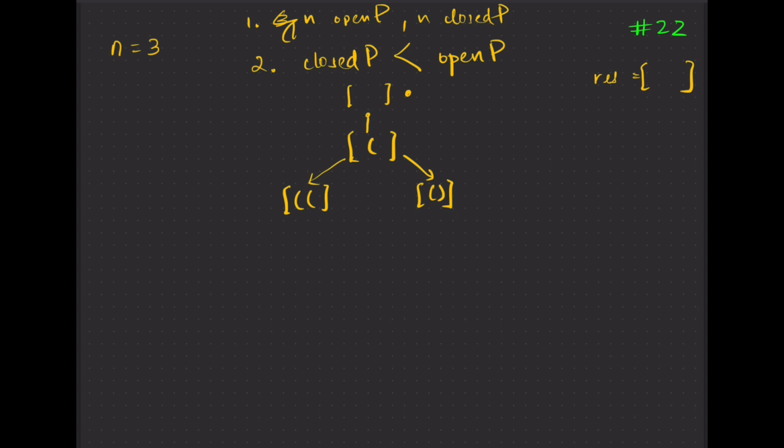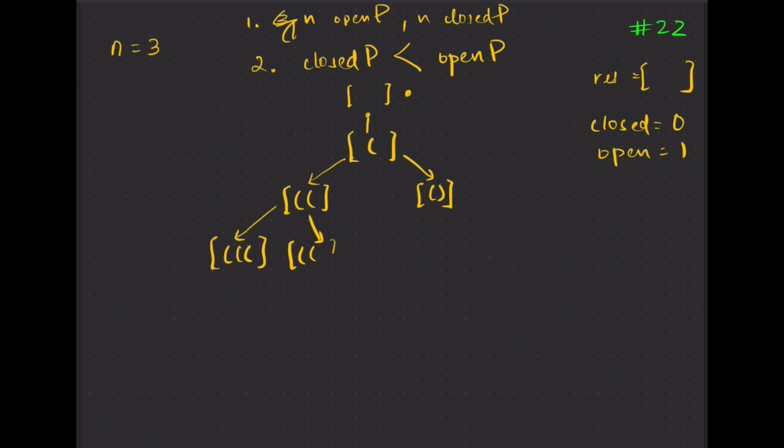Then if we continue this process, at every point we check if the number of closed parentheses in the array is lesser than open parentheses, and only then we can add a new closing parenthesis. For this one, we can either open another one, or we could choose to start closing parentheses, because the number of closed parentheses right now is 0 and open is 1.